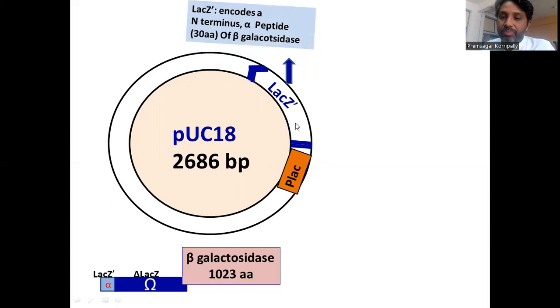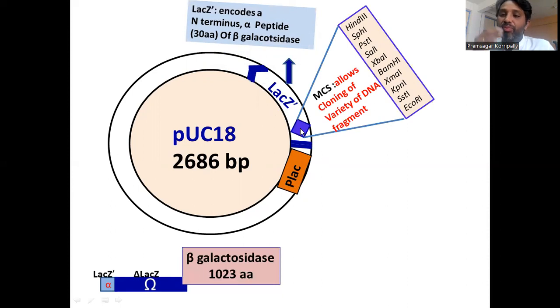In the LAC-Z prime region, there is an MCS, a series of restriction sites which facilitates the cloning of various DNA fragments. So this LAC-Z prime region encodes the alpha peptide of beta galactosidase.